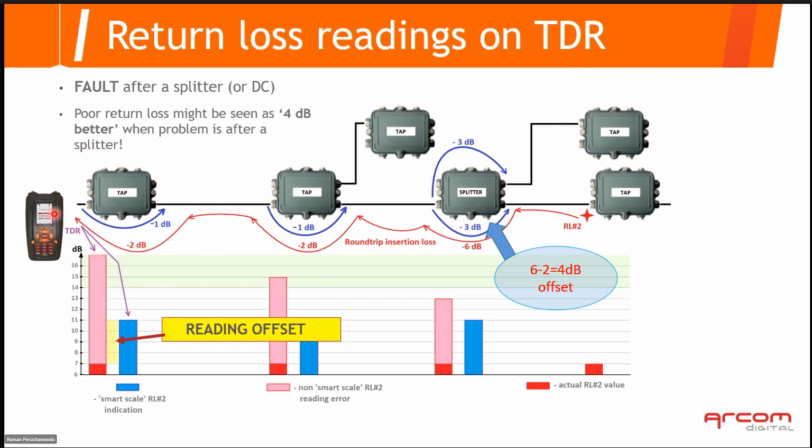And one more thing, if we measure return loss from this point, the meter will transmit the signal. The signal will go this way and will also go this way. So it will display for you impairment on this side and on this side, like you were scanning from here and you were seeing this one here, but this one will be here and this one will be either atop or a little next to it.